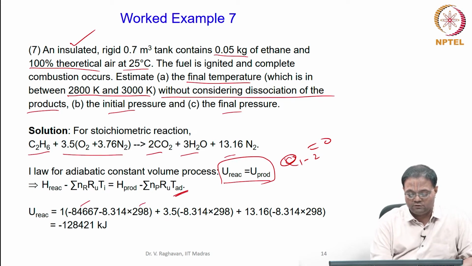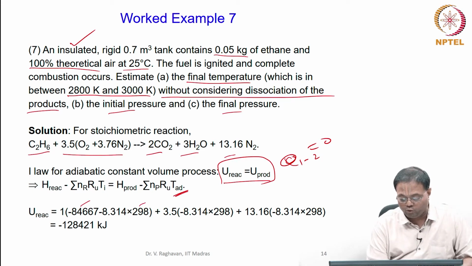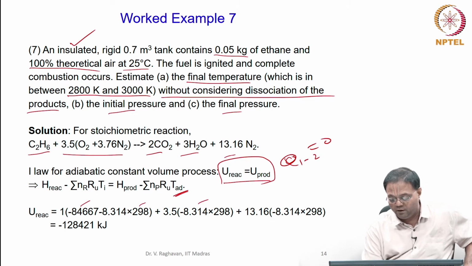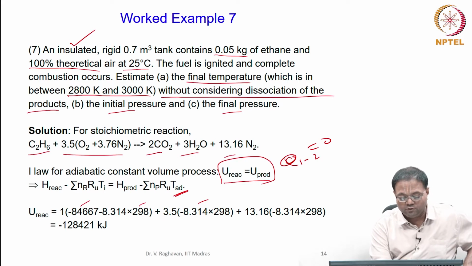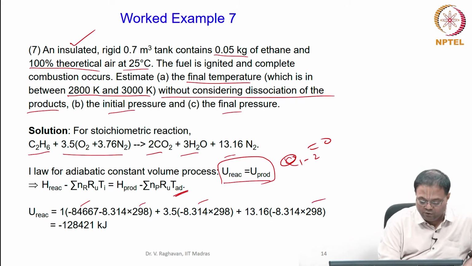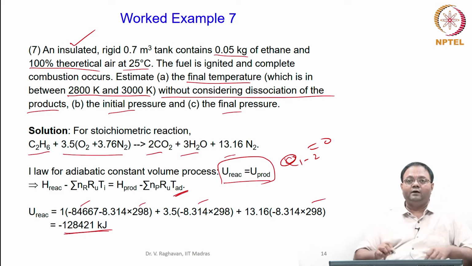Plus 3.5 times O2, where O2 HF is 0, but 3.5 into 8.314 into 298 will be there. Plus nitrogen 13.16, that is 3.5 into 3.76, with HF 0, but 8.314 into 298 remains. So this will be the U reactant, the internal energy of the reactants.